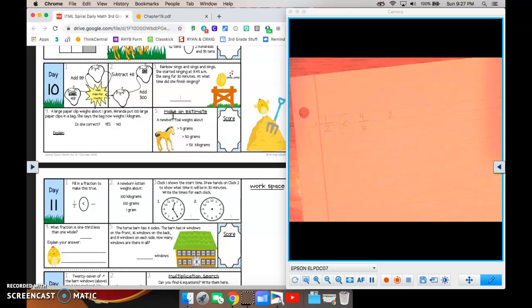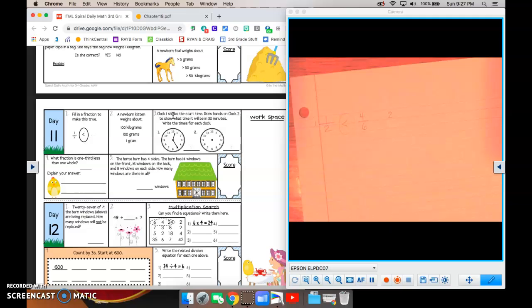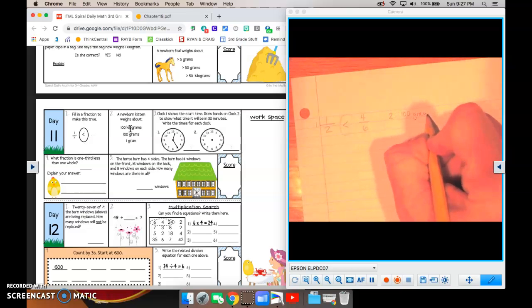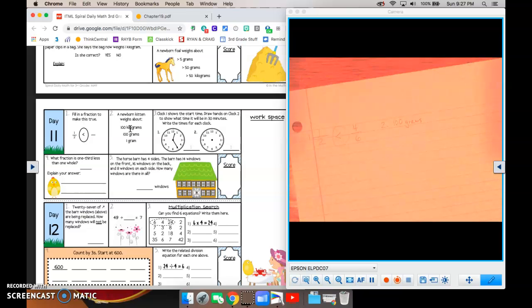So, we said a newborn foal weighed about 50 kilograms, okay? 50 grams would be way too small for that. So, we have to guess now 1 gram, 100 grams, or 100 kilograms. 100 kilograms is way too big for a newborn kitten. So we are going to choose 100 grams. Okay, they are pretty tiny.